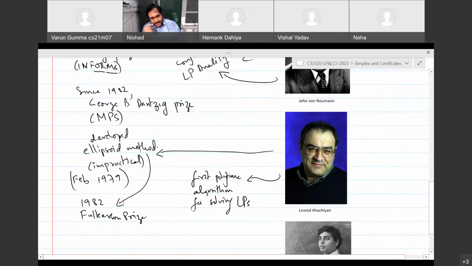As I said, in practice, it was useless. The ellipsoid method is almost never used to actually solve industrial problems. However, what it did is it told people, especially complexity theorists, that this is a polynomial time solvable problem. So although the algorithm we have is not practical, there might be some other polynomial time algorithm which is somewhat practical.